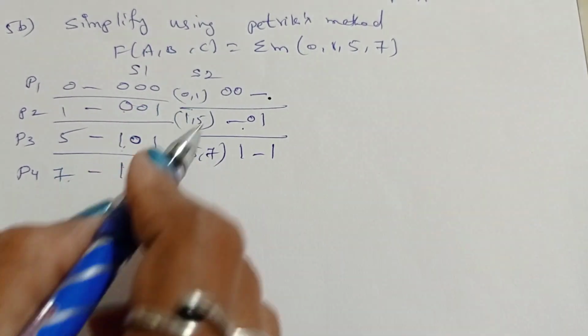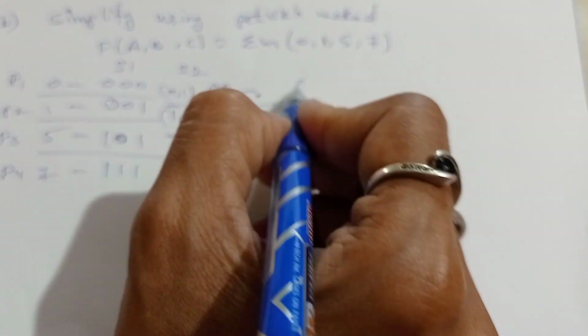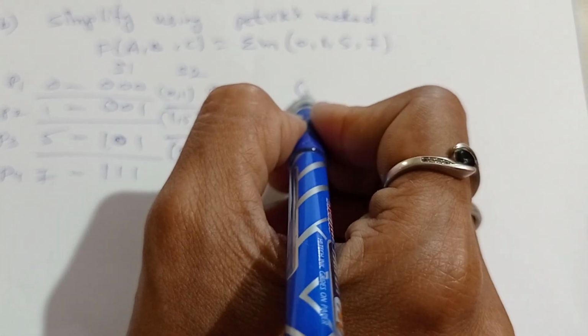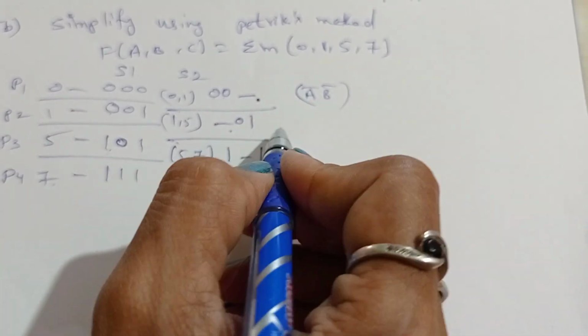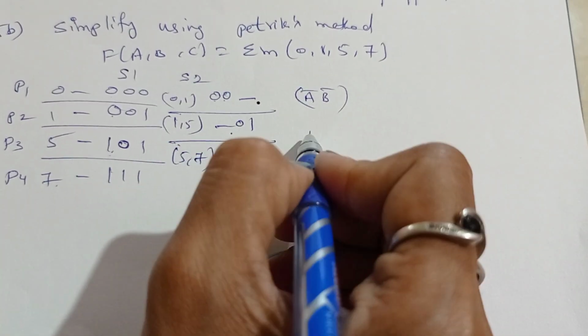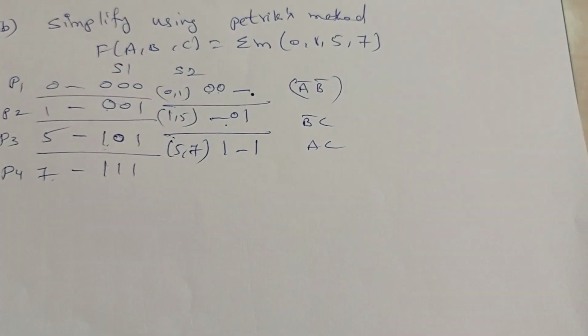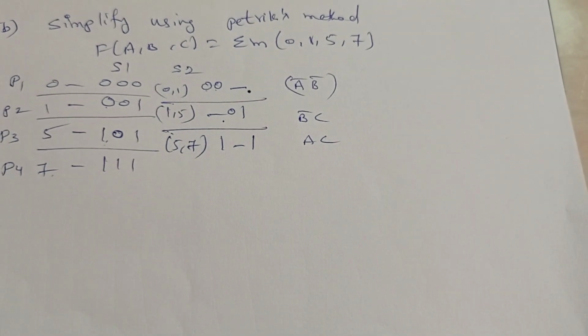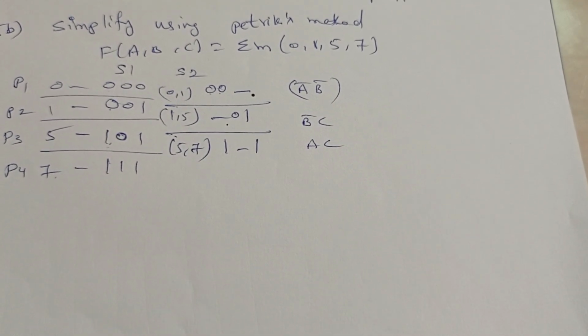Now, what is 0 1? 0 1 is here A bar B bar. Next this is B bar C. Next this is AC.